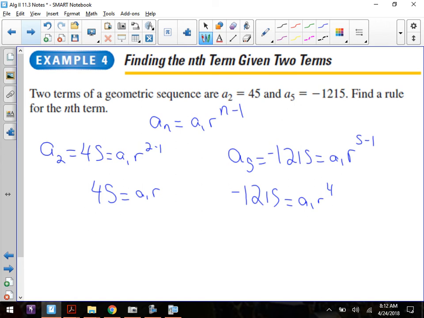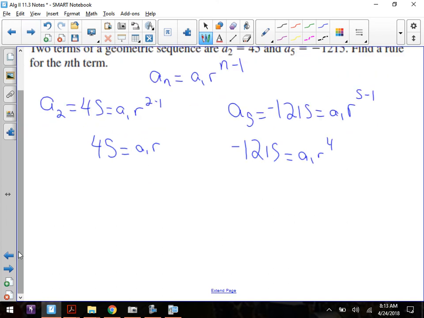When I get to these problems, what's going to happen here is that you're going to have your first term and your rate in both equations. What you want to do is isolate the first term. I'm going to take 45 and divide it by r. By doing this, I can then take this and substitute into here, because it's going to allow me to rewrite it in terms of just one variable, and I get r to the 4th over r, which allows me to simplify that.